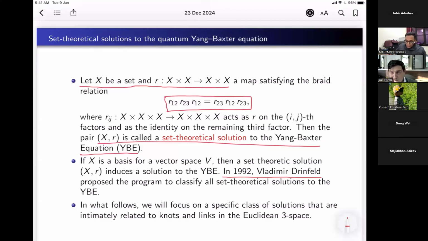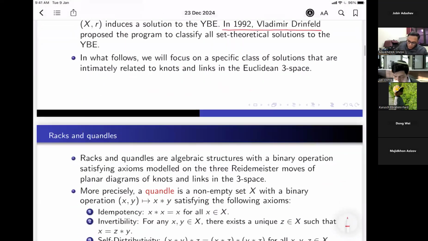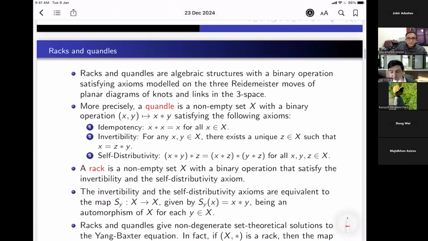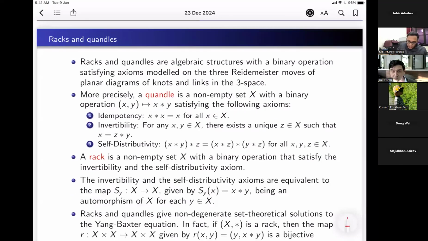What we are going to talk about in this work is a class of solutions which actually has another motivation, namely three-dimensional topology, and which are also set theoretical solutions to the Yang-Baxter equation. And that is where quandles and racks come into the picture.